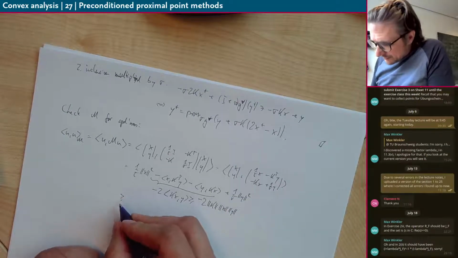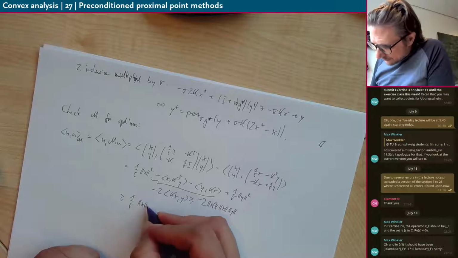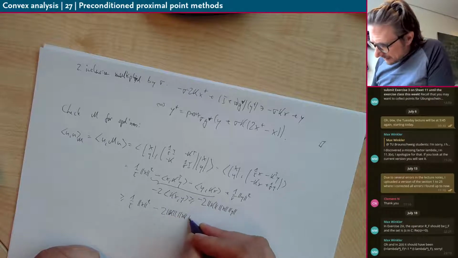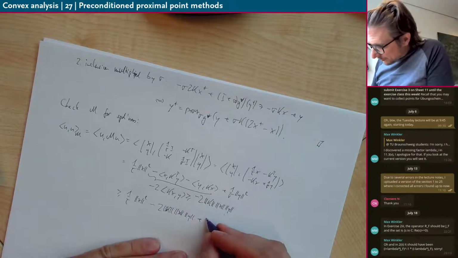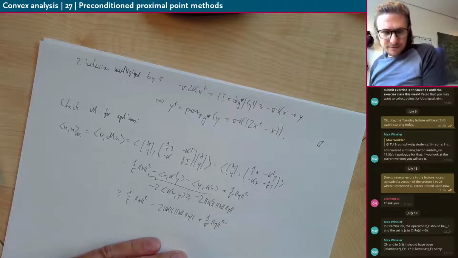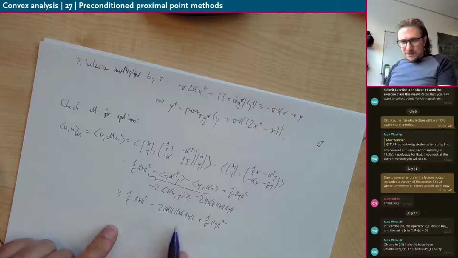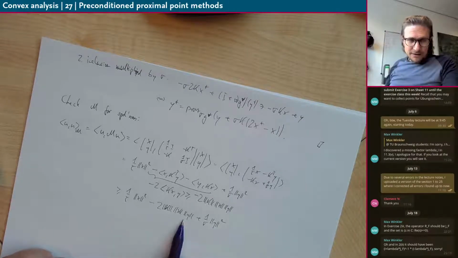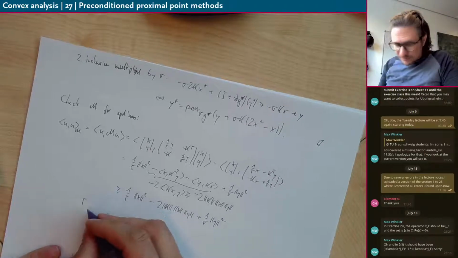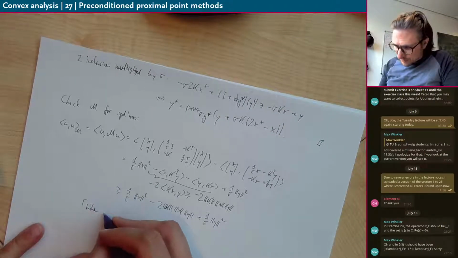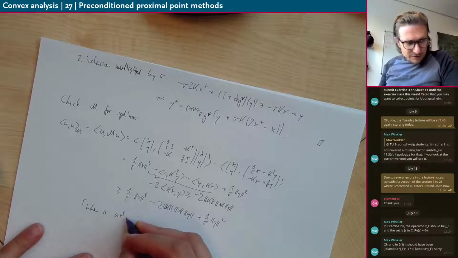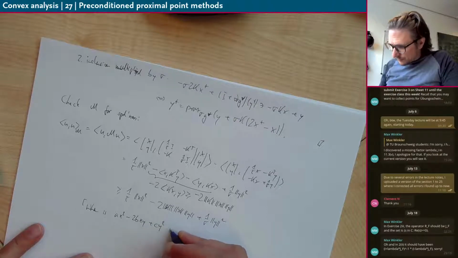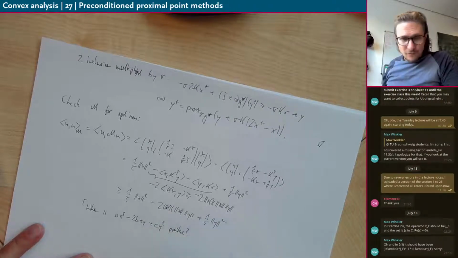So then this here is larger or equal to 1 over tau norm x squared minus 2 norm k, norm x, norm y plus 1 over sigma norm y squared. Now this is a quadratic polynomial in two variables, norm x and norm y. And so when are quadratic polynomials positive? The question is now when is ax squared minus 2bxy plus cy squared positive for all x and y.